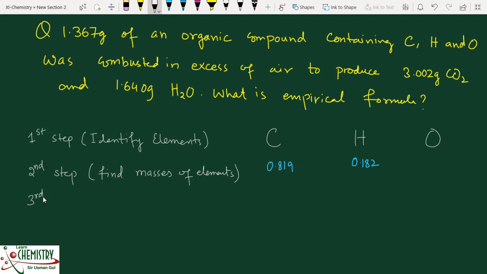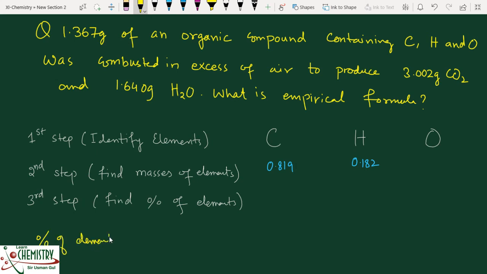Okay, now moving toward the third step. Now we will find the percent of each element. So we have a simple way to calculate the percentage. The formula is very simple.